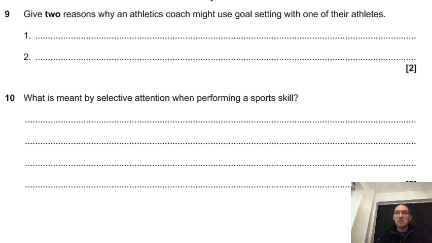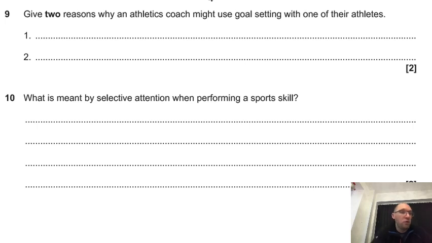What is meant by selective attention when performing a sport skill? Some expert responses showed an understanding of focusing on important stimuli and ignoring or blocking out unimportant stimuli from the sports environment. Those that scored only 1 mark did not give the full meaning and relied just on focus rather than also the blocking out.